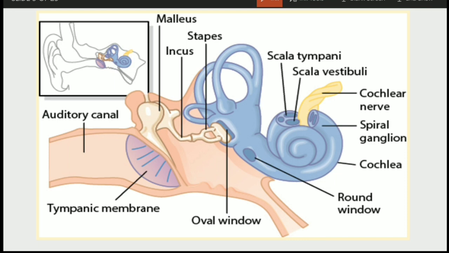This upper part has a role in balancing. It has two things: the lower part is called the saccule, the upper part is called the utricle, and there are 3 semicircular canals.